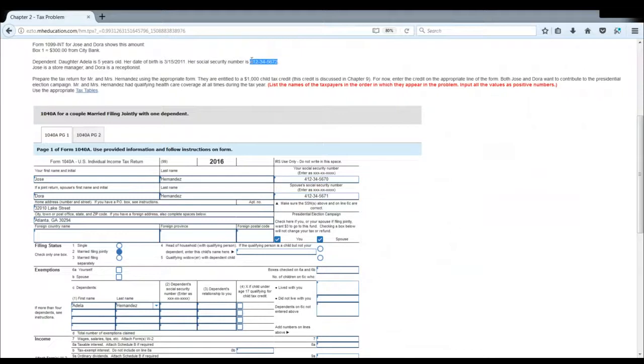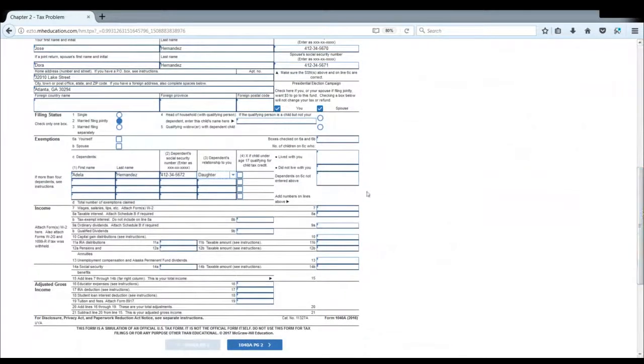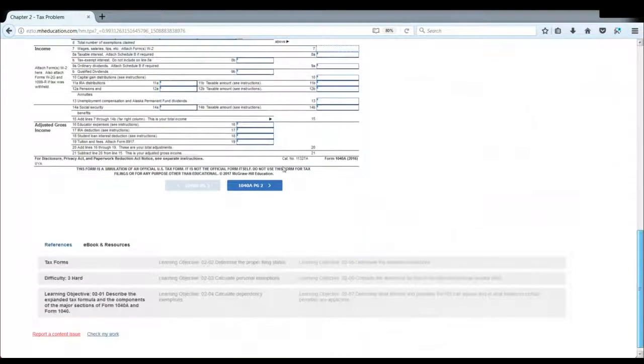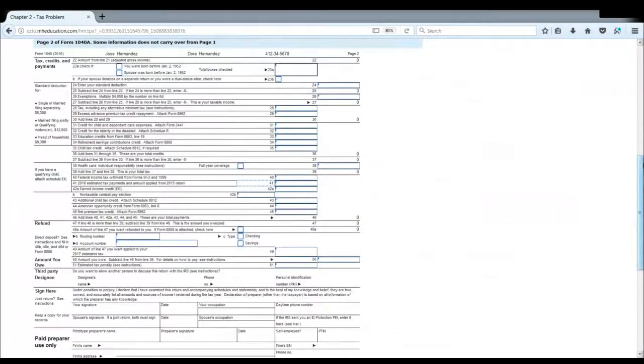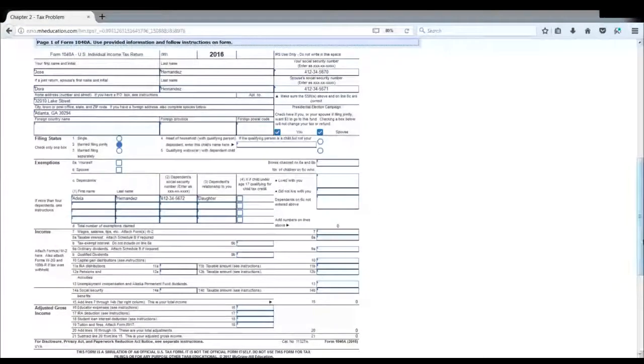Her social security number will be here though. And we're calling her daughter. So put that there. Okay. Let me see what other things they allow us to do on this form. That's it? Okay.